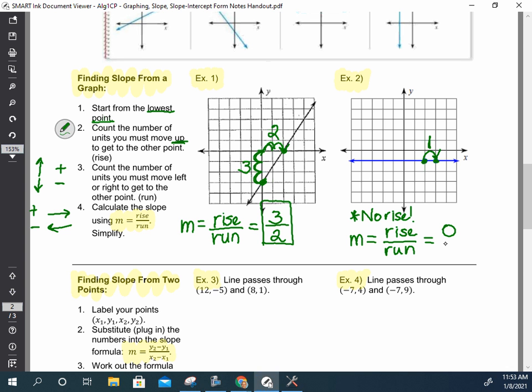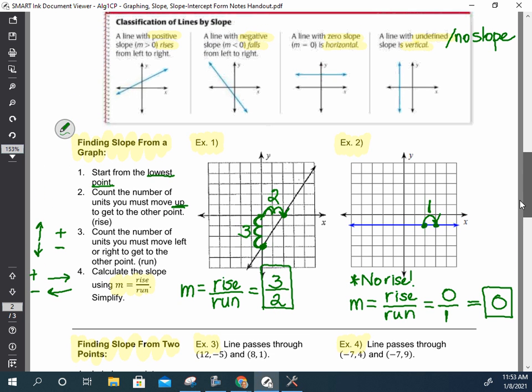You didn't have to rise. And your run is 1. What's 0 divided by 1? That's 0. 0 divided by 1 is 0. There you go, Austin.